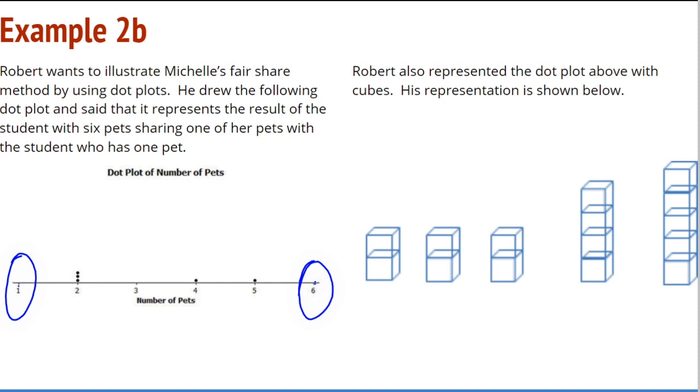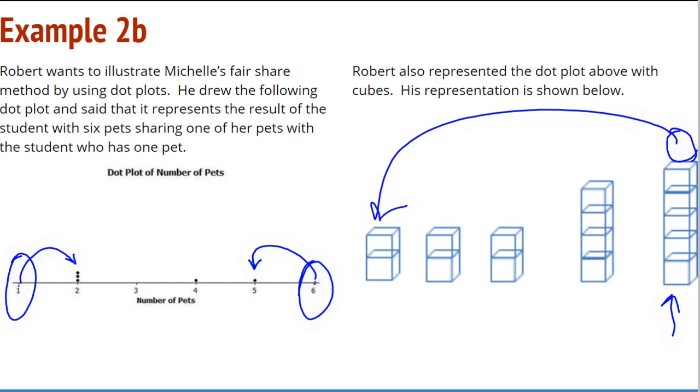So the person who had 1 pet now has 2 pets, and the person who had 6 pets now has 5 pets. And if we take a look at what happened in our cubes, you'll notice that our tallest stack is no longer 6, it is 5. The person who had 6 took their top cube and gave it to the person who had 1 cube.